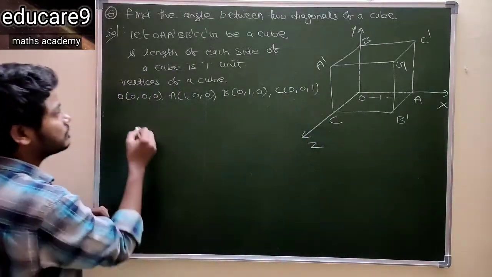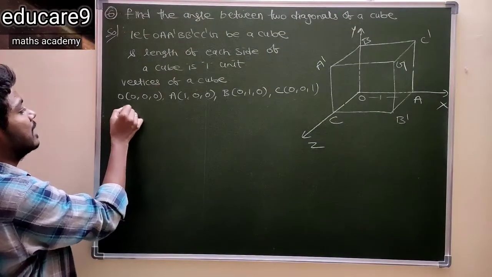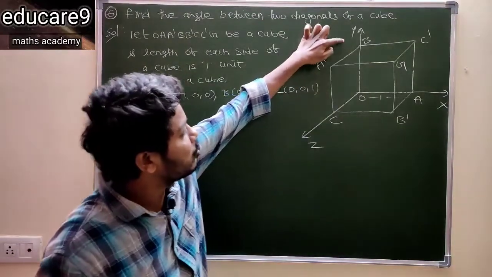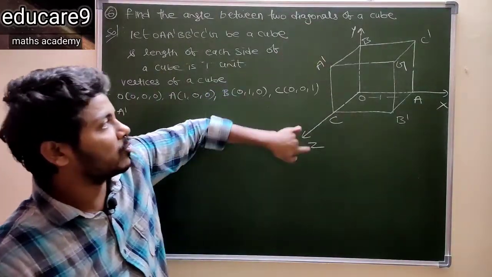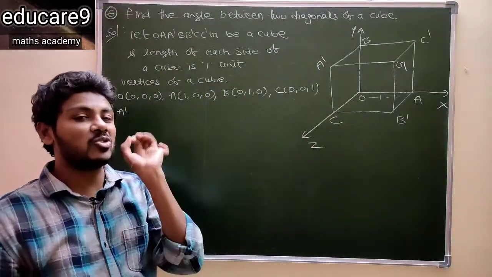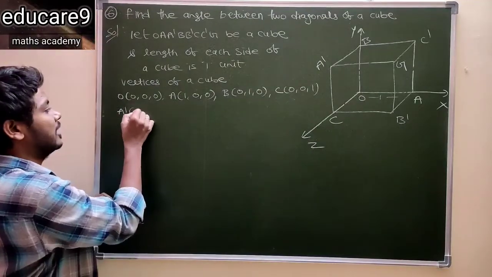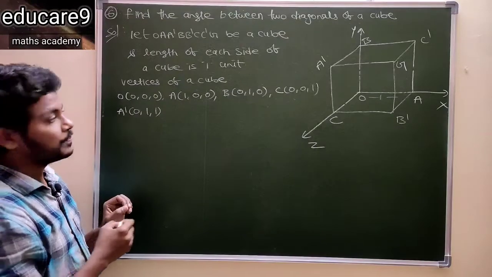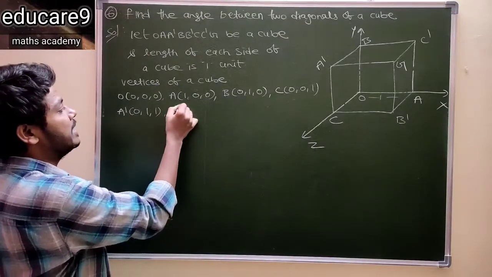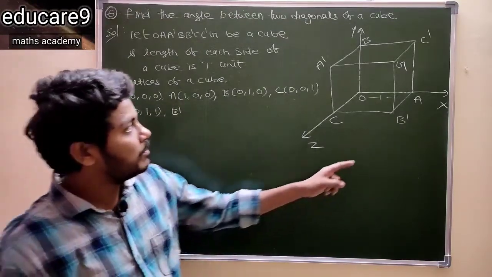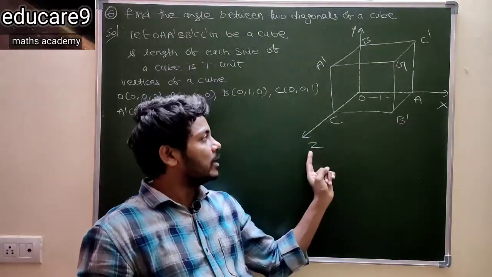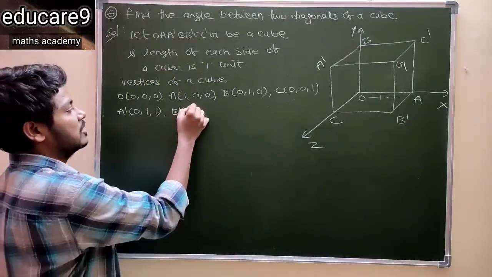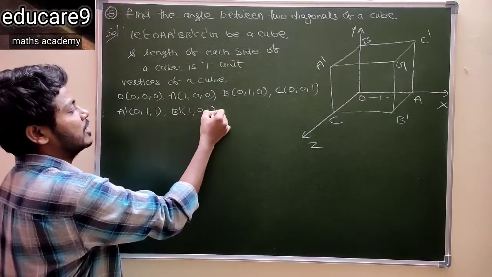Next, A dash. Clearly A dash lies in the YZ plane, so the x coordinate is 0, but the y and z coordinates are 1. Next, B dash lies in the XZ plane, so the y coordinate is 0, that is 1, 0, 1.